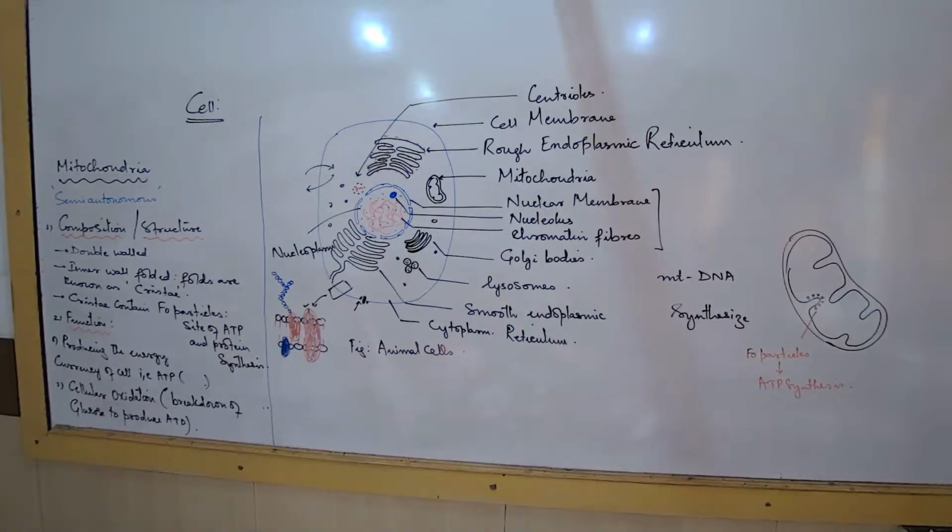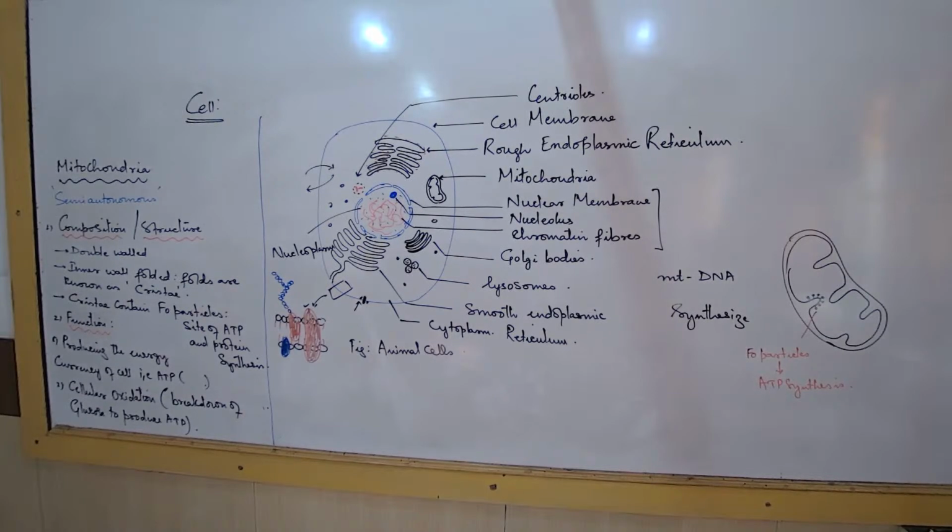Read out that sentence I told you. Because it has its own DNA and can synthesize a variety of proteins and can regulate its own division and function, and is partially dependent on the nucleus.